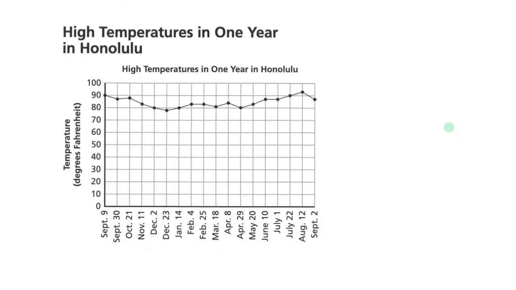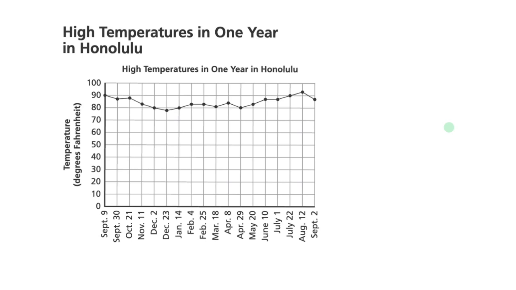So this graph is similar to the one that we looked at before with Sydney, Australia, and Moscow, Russia. Only instead of showing average temperatures, it's showing the high temperature. So what do you notice about the temperatures for Honolulu?